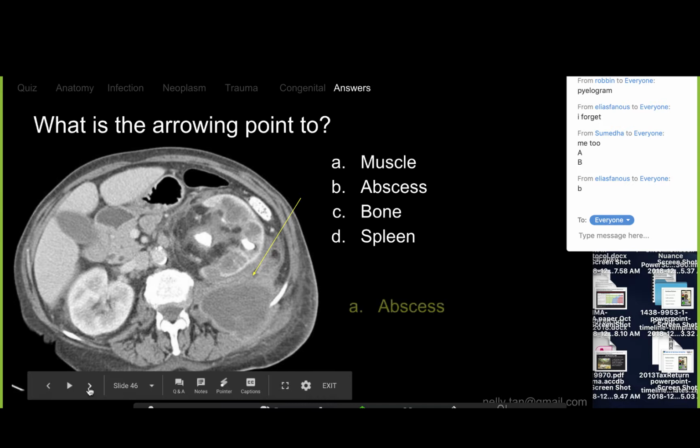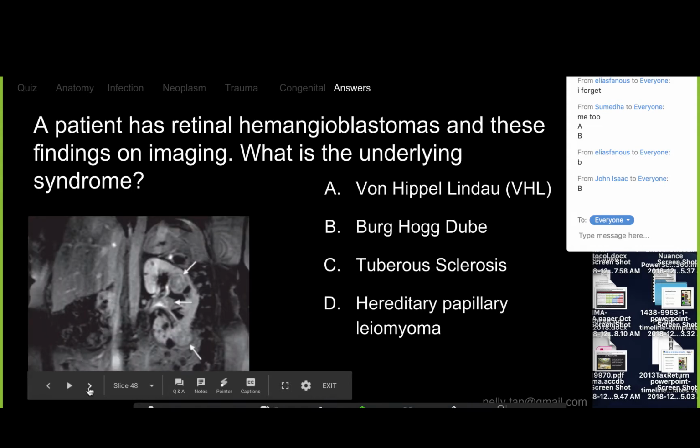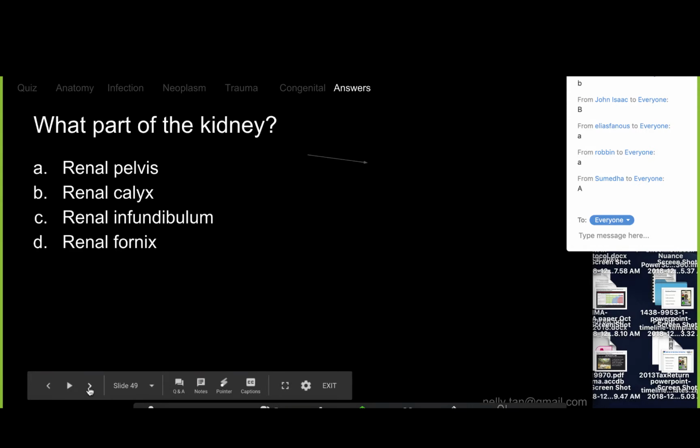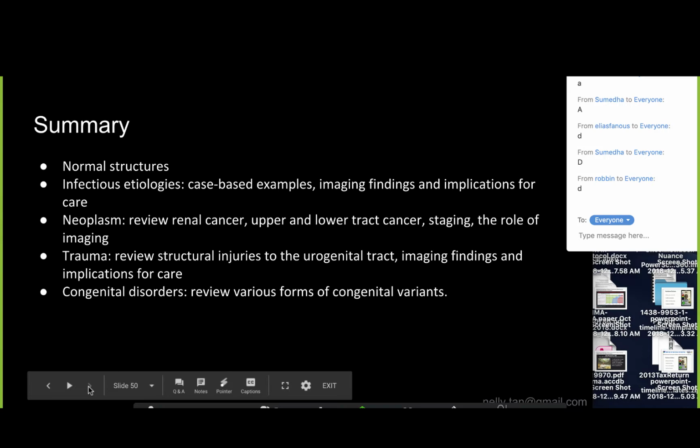Good. And what is this? Okay, I think most of you got this right. It was TB. And then this one is what? Good, VHL. And then this one is what part of the kidney? D? Good. Hornets. And this one is, oh, that's it.